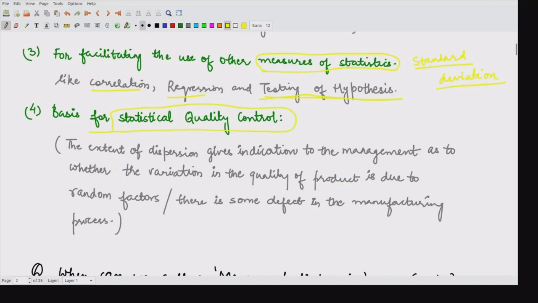For example, the extent of dispersion gives the management an indication as to whether the variation in the quality of the product is due to random errors or there is some effect present over here. So that is what we wanted to see, right?